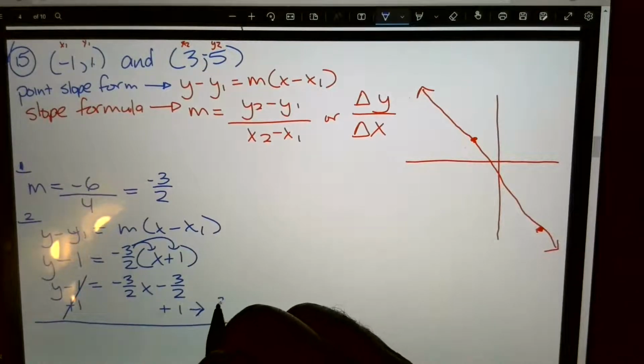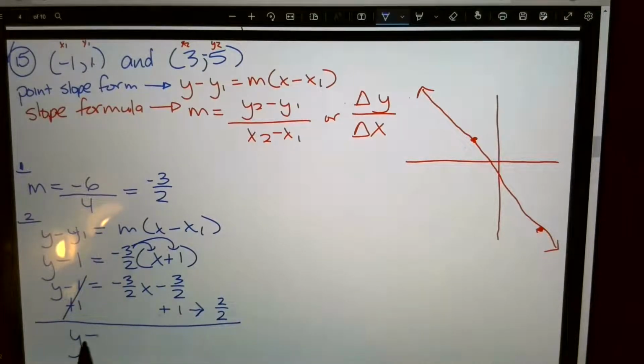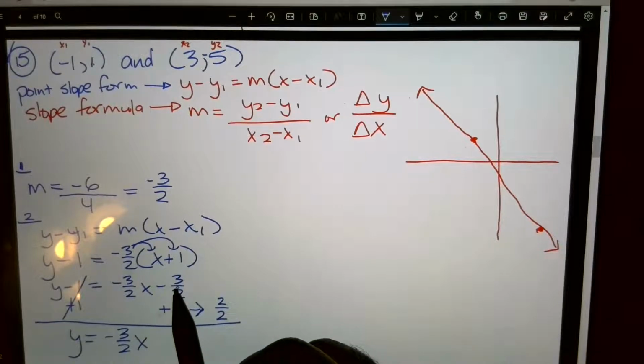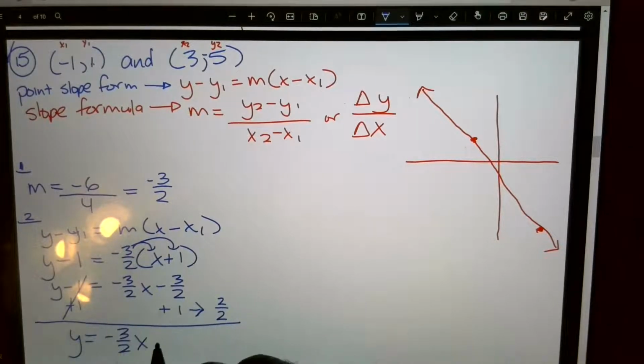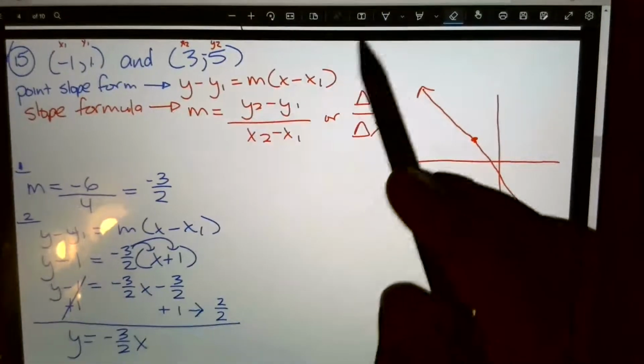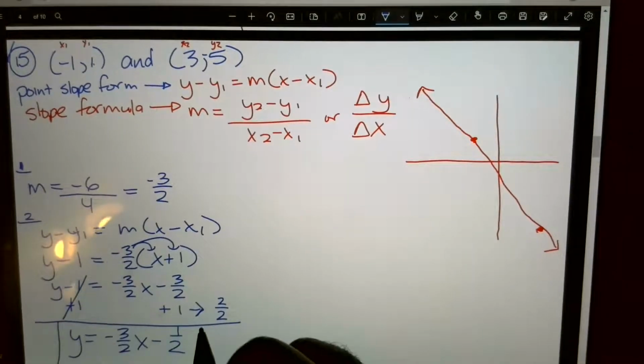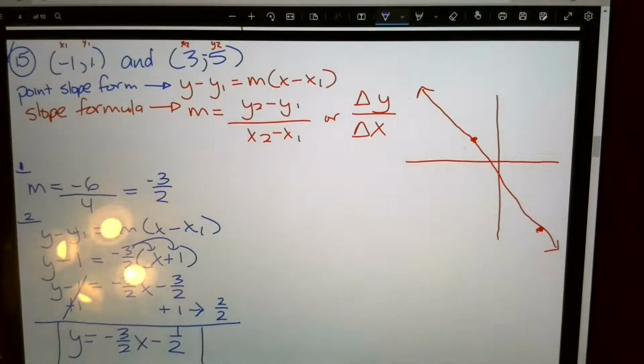So 1 becomes 2 over 2. So -3 over 2 plus 2 over 2 is 1 over 2. So y is equal to -3/2 x minus 1/2. And that's my answer on my equation.